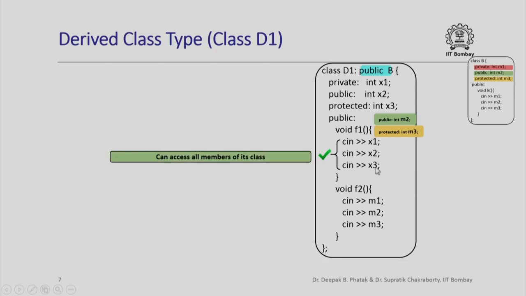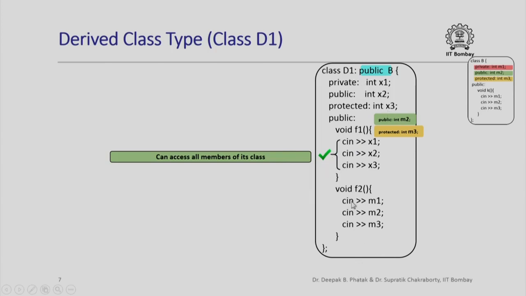Since here I am trying to read data members that are declared within the class D1, this function is fine. This member function can certainly access all the data members that are defined within this class.